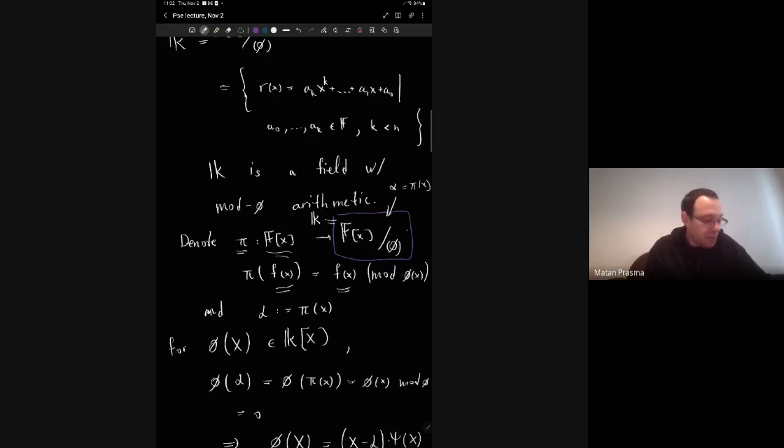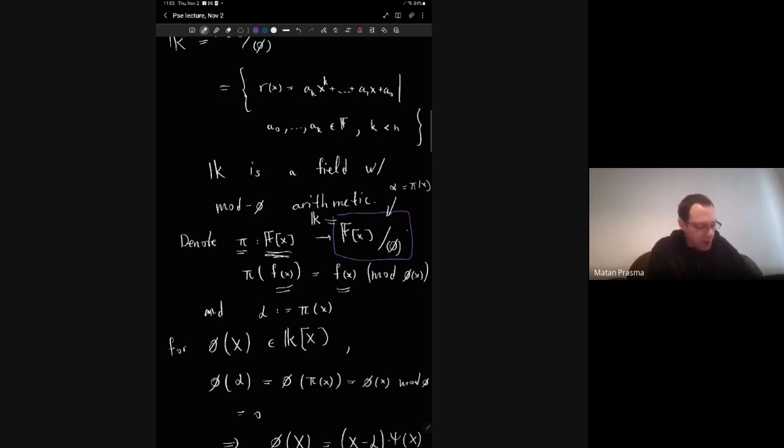In particular, I can take the polynomial x. This is a polynomial in F[x]. I can take pi of x, assuming that phi is of degree bigger than 1. Pi of x is simply x, the remainder polynomial x.